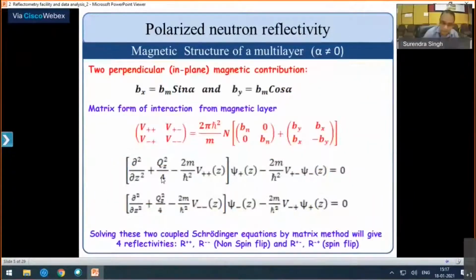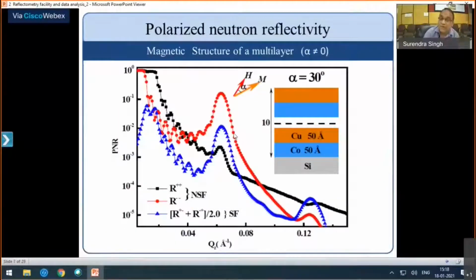So if we do polarization analysis after reflection, then only we can collect all these four combinations of reflectivity. Okay, so this will give the detailed magnetic structure.